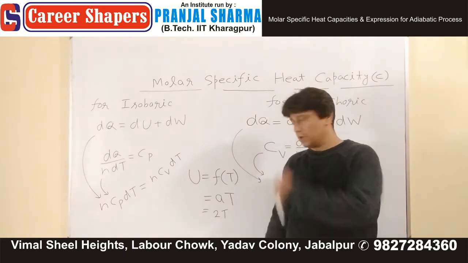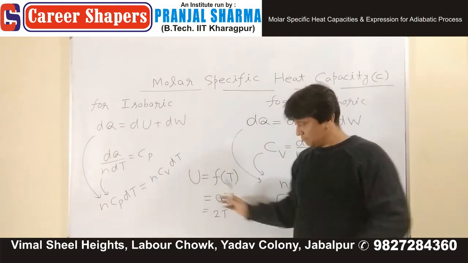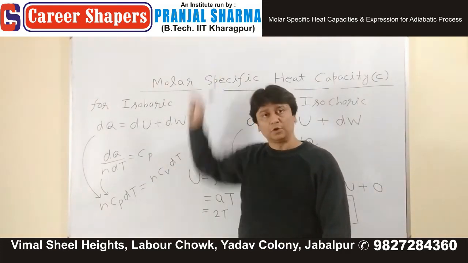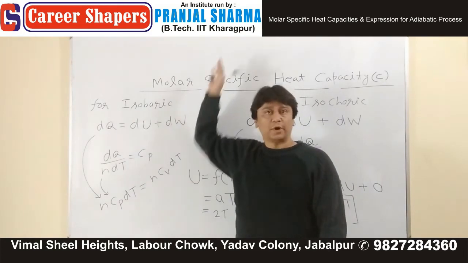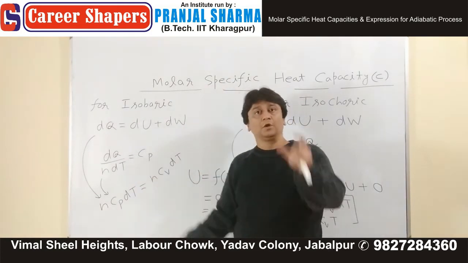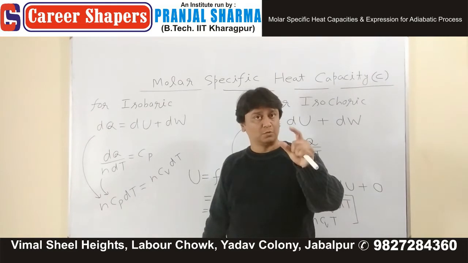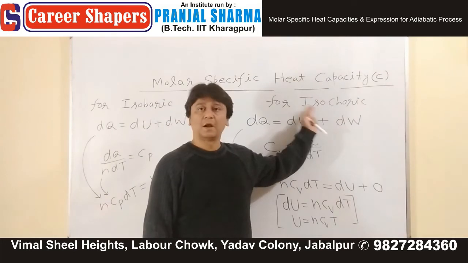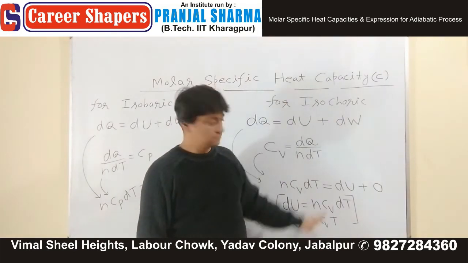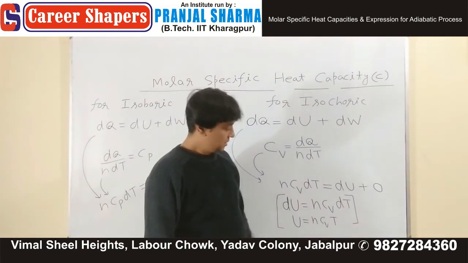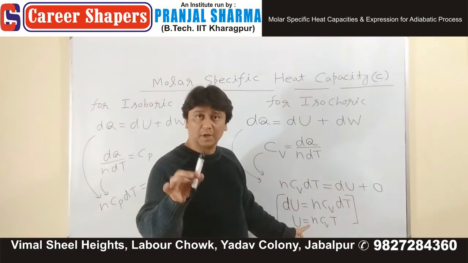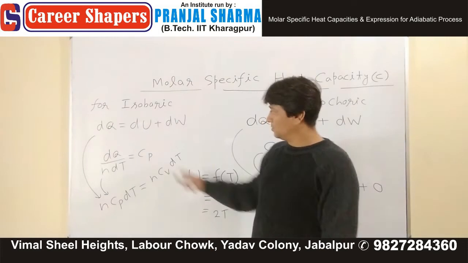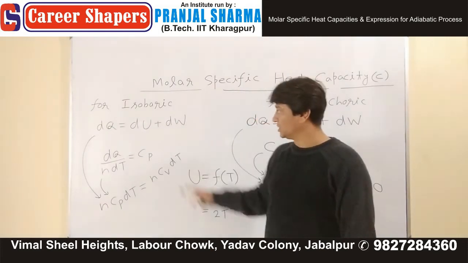So if it's an isobaric one, you will be using 2T. If it's an isothermal, you'll be using 2T. Isochoric, you'll be using 2T. To find this number 2, we have used the process of what? Isochoric, and we found that number 2 is basically N into Cv. I hope it's clear how come du is this.